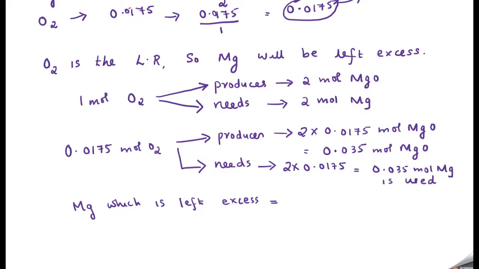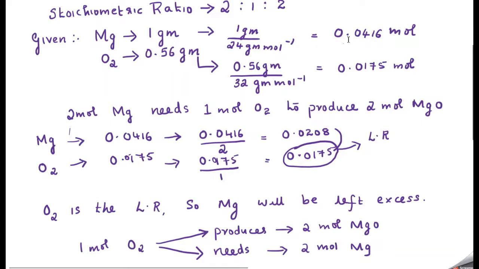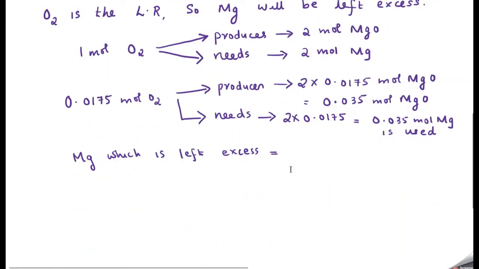The initial quantity, if you see here, we have already calculated, that is 0.0416 mole. That was the given initial quantity. So we will take that as the initial quantity.